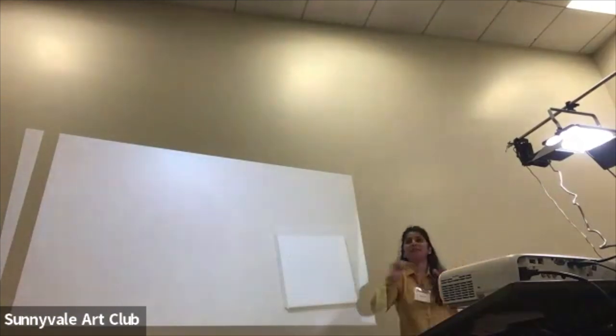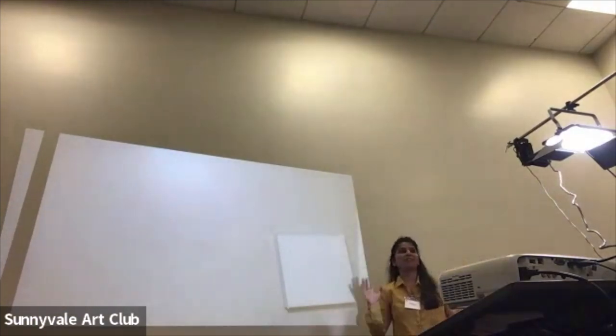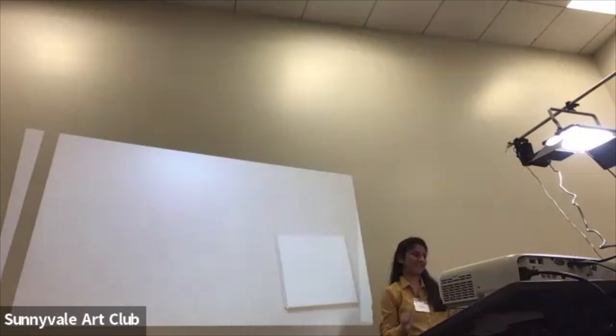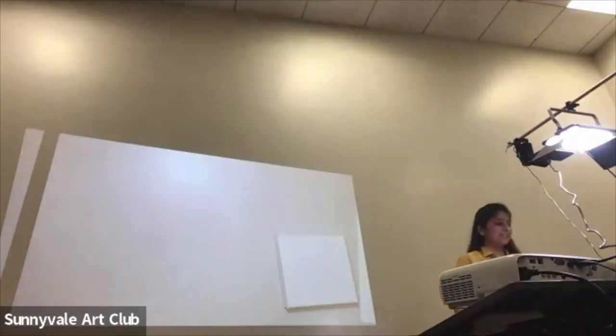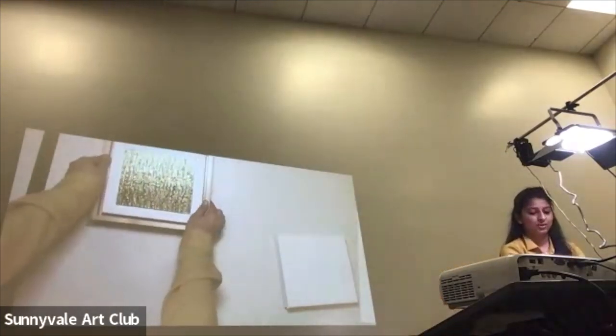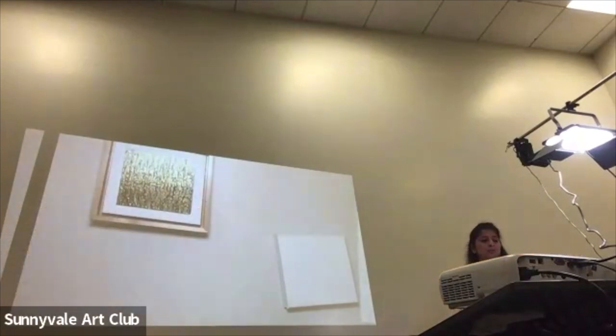Okay, so are we done with the questions about the texture piece? We'll go ahead, and this is the painting I will be teaching you in today's class. There are two things: first, I created an underneath texture for this painting, and second, I used a color and made another texture on top of the texture I had already created.